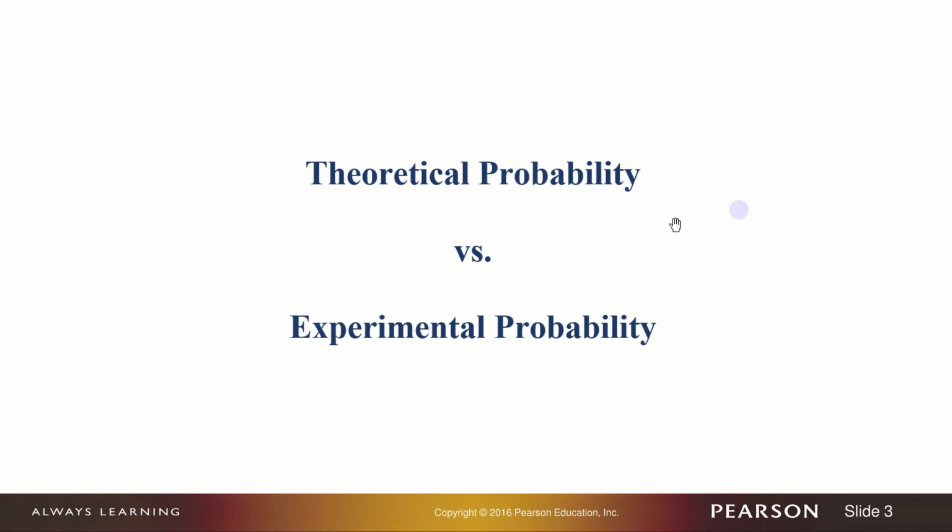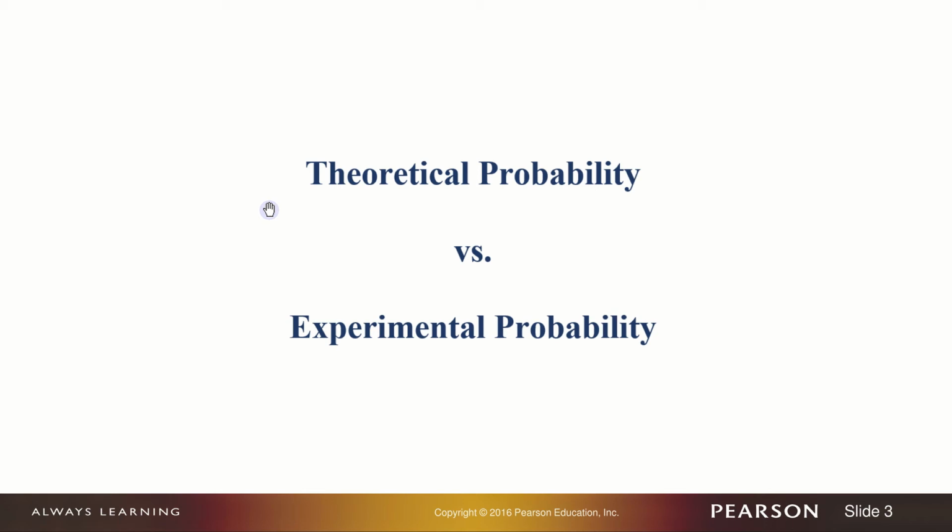So remember, anytime the exact number of favorable outcomes and the total number of possible outcomes is known, we go with theoretical probability because it'll give us an exact value for the probability of the occurrence of an event. But oftentimes, especially in statistical applications, we don't know the precise number of favorable outcomes or the precise number of all possible outcomes.